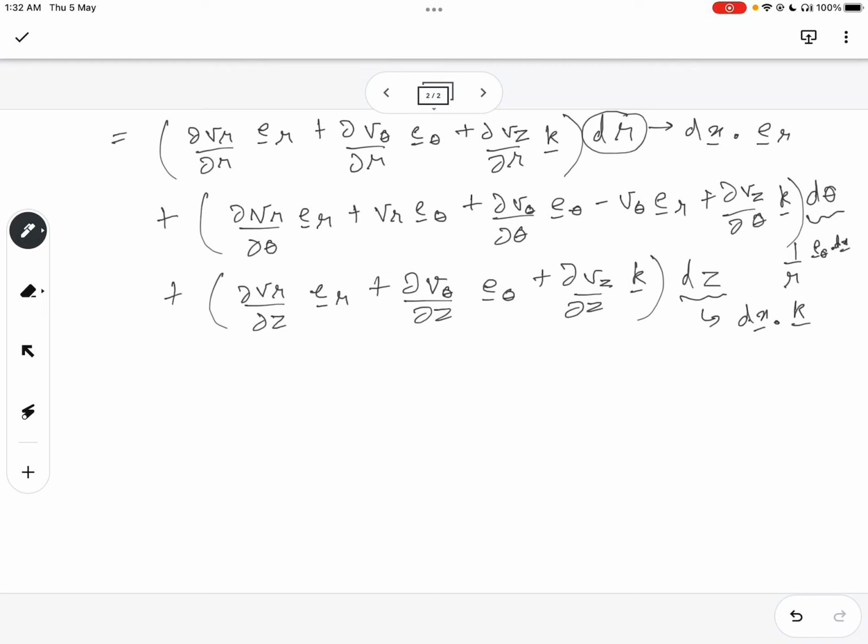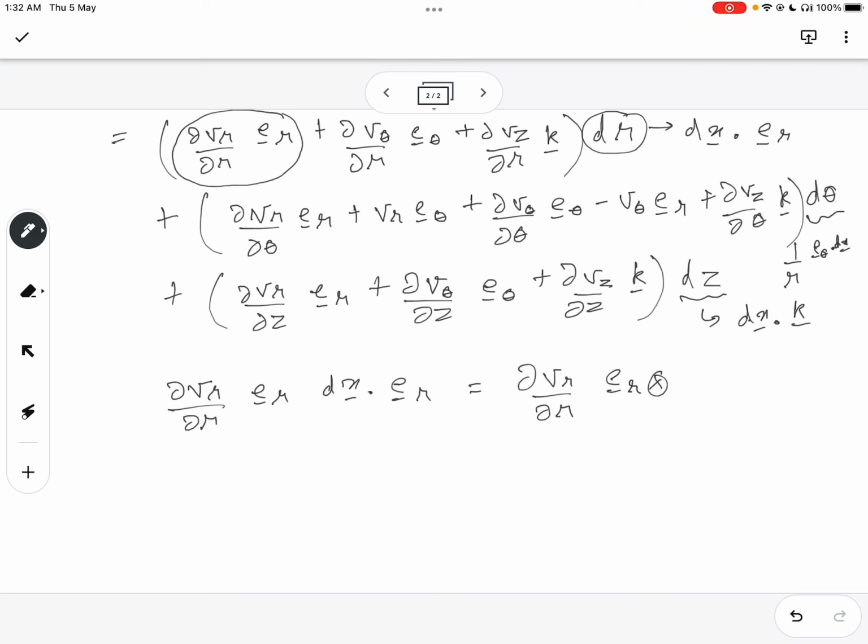So taking this first term here, this is del Vr by del r er dx dot er, which can be written as del Vr by del r er dyadic er dx. Similarly, we will write the whole expression in terms of the dyadic product on the next page.